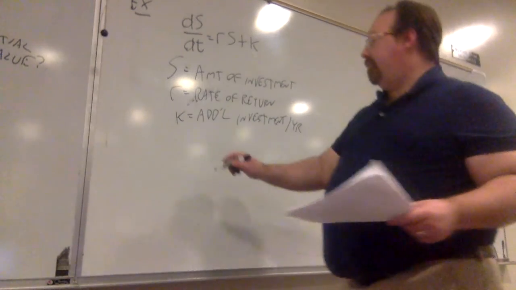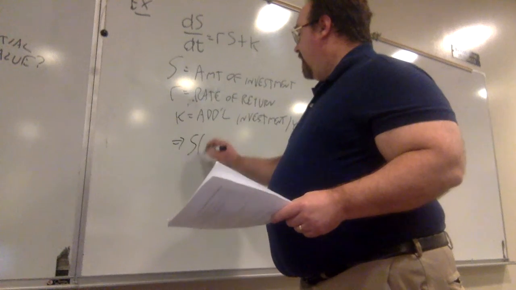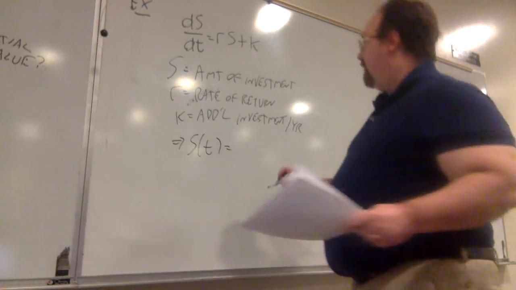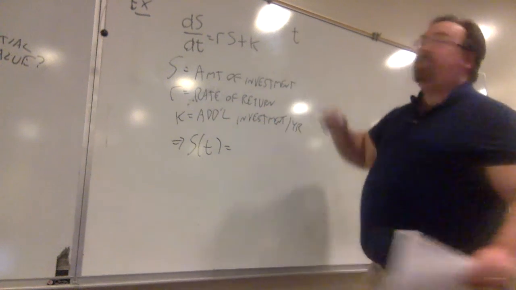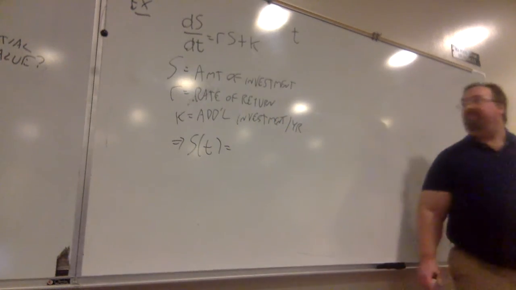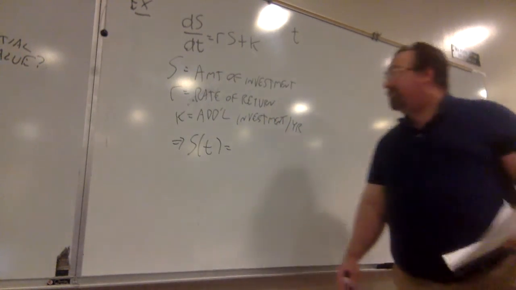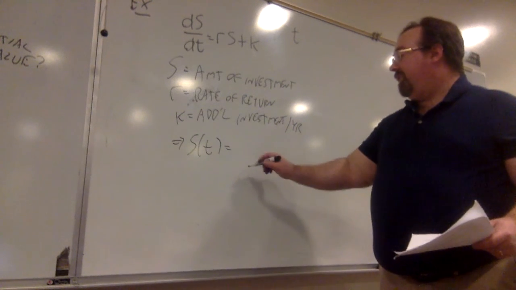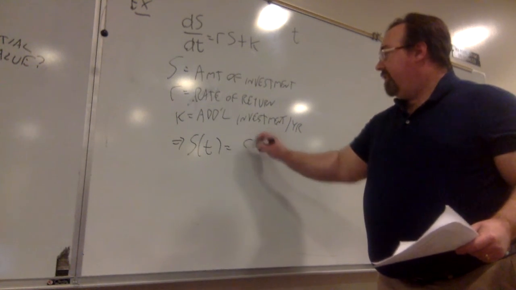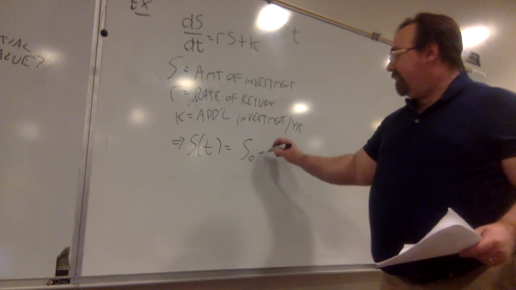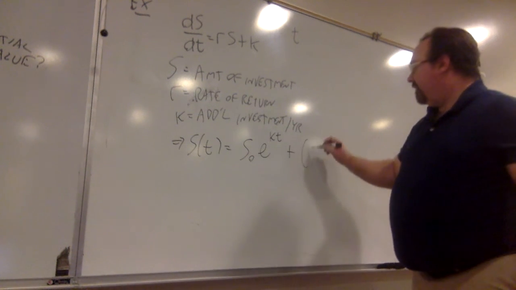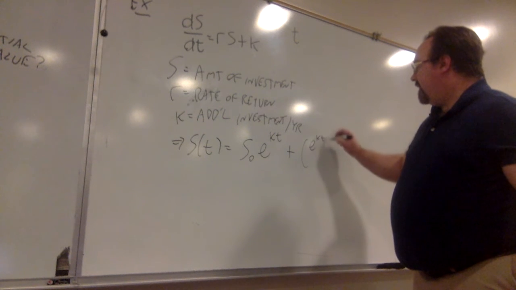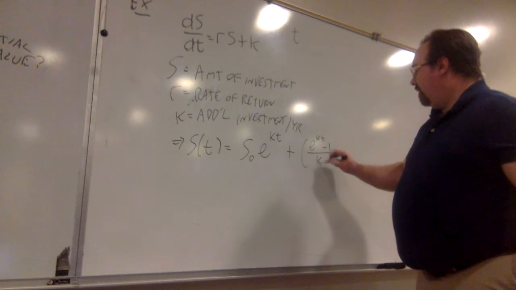Now, the same solution formula applies. So is that RS minus K or RS plus K? That's a plus. So S of t is S naught, the initial amount of the investment, e to the rt, plus e to the rt minus 1 all over r, times k.